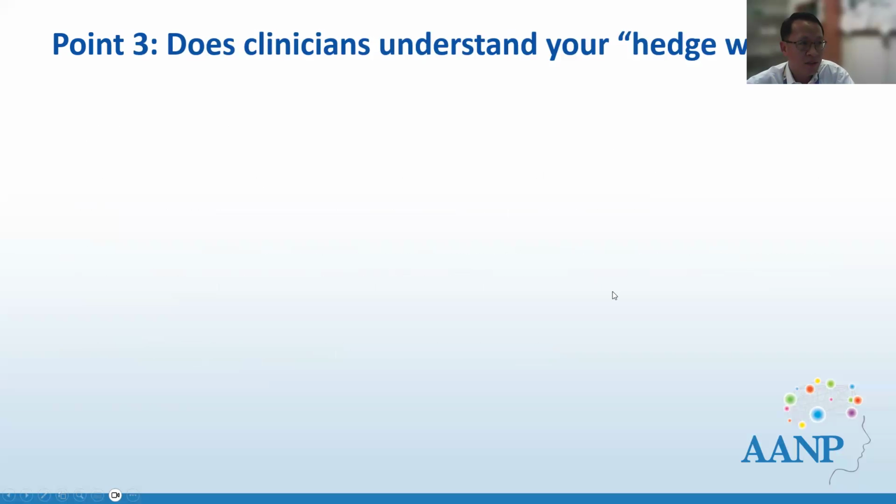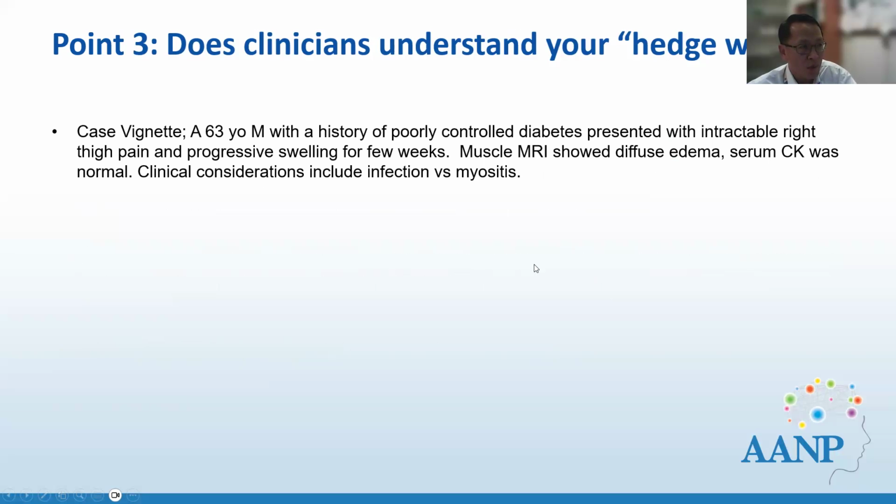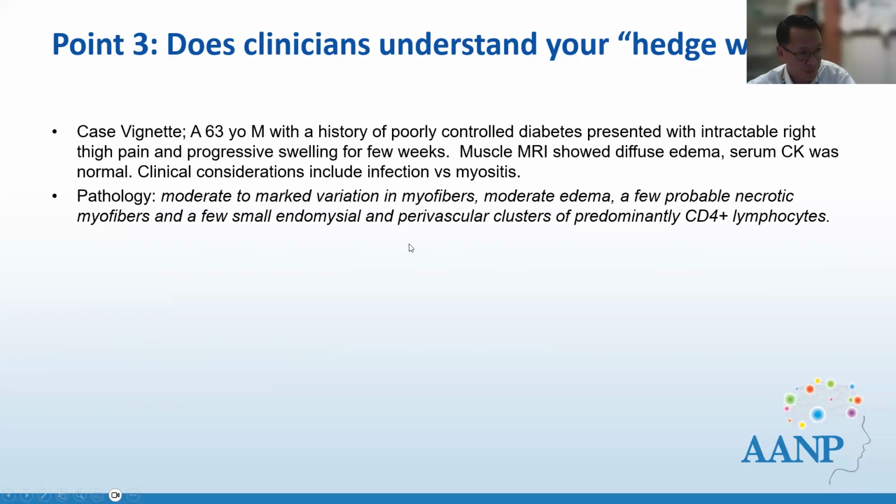Third point: do clinicians understand your hedge words? Look at an example: a 63-year-old man with a history of poorly controlled diabetes presents with intractable right thigh pain and progressive swelling for a few weeks. MRI shows diffuse edema, CK was normal.